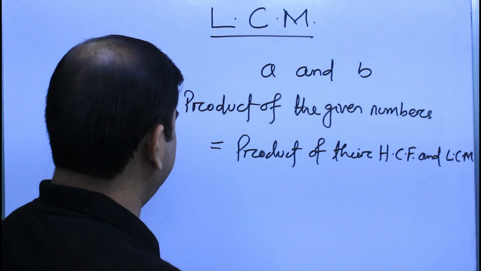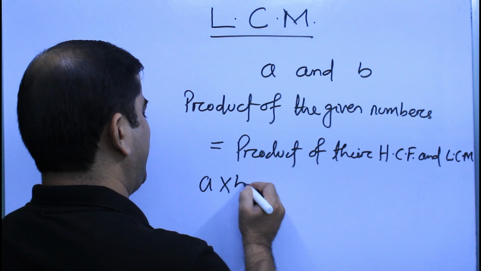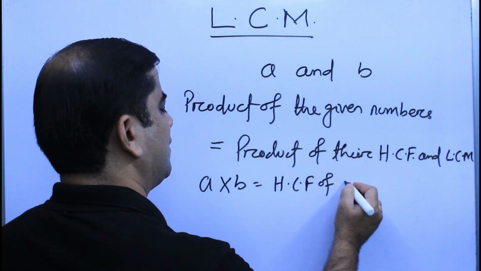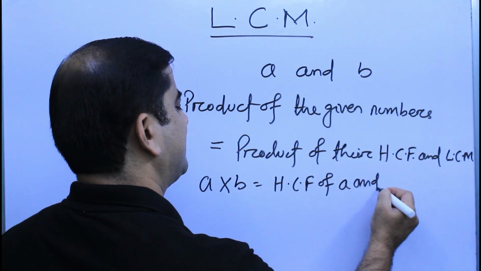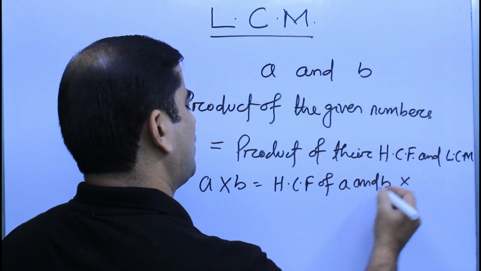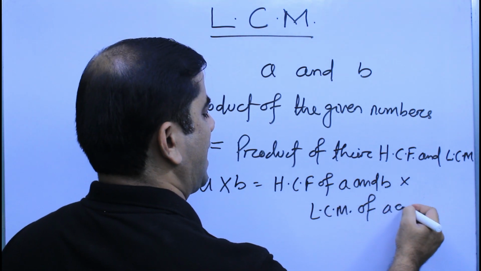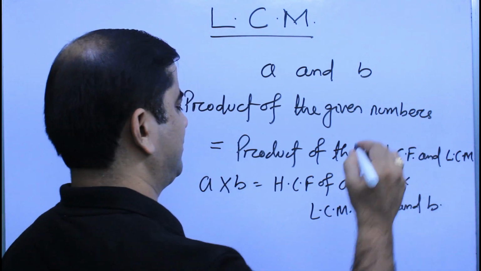That means in this case A into B is equal to HCF of A and B into LCM of A and B.